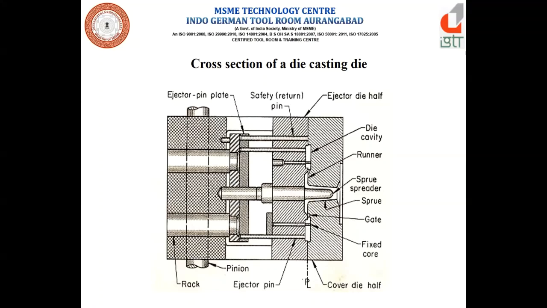The ejector half or moving half contains the ejector mechanism, and in most cases runners are also available on the moving half. This half is clamped to the moving platen, and it has the actuating or clamping mechanism.